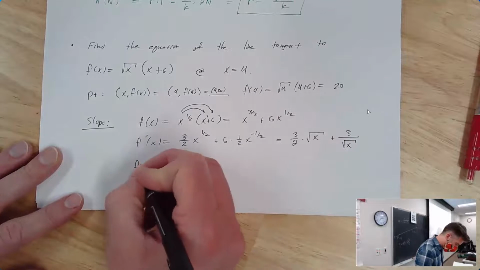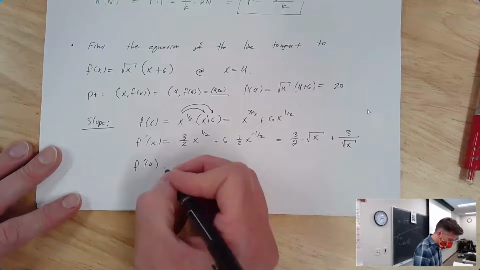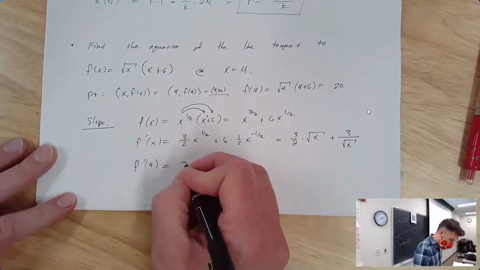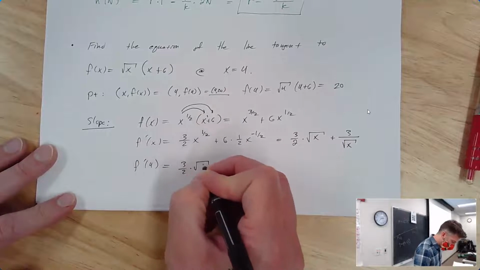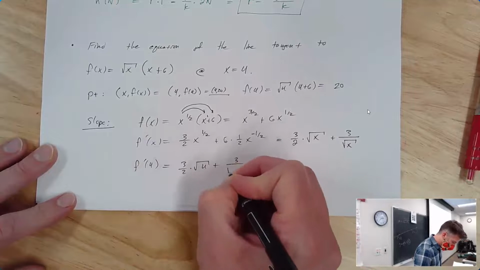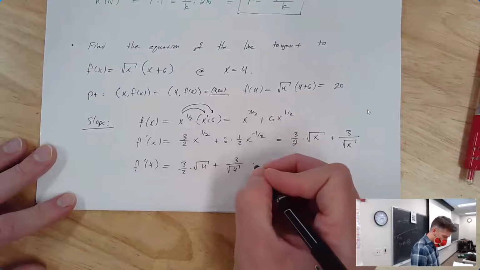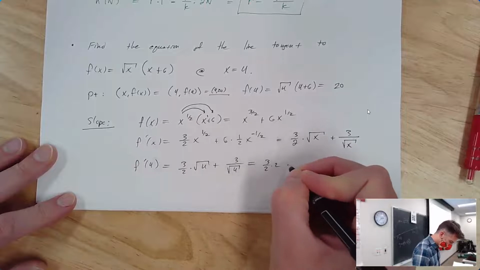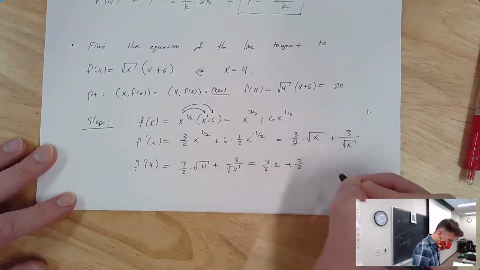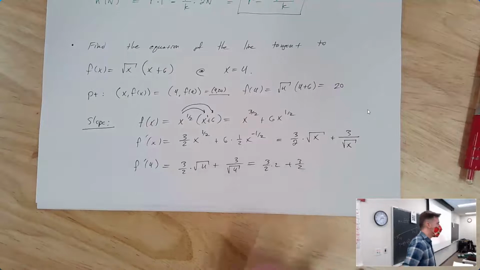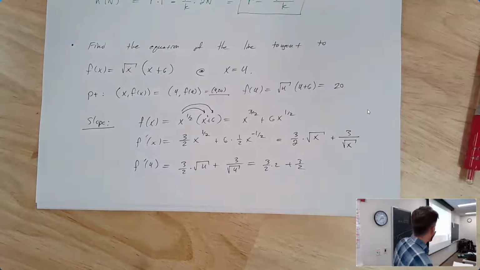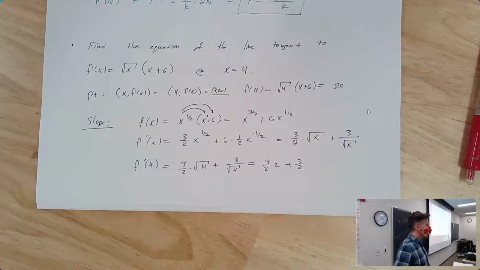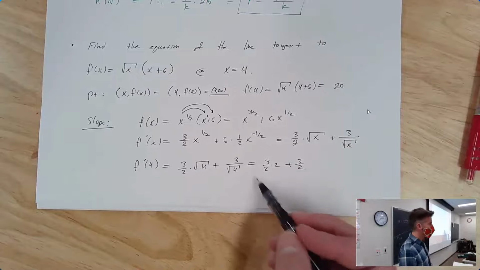So if I'm going to plug in 4 to find the slope at that point, I get 3/2 times the square root of 4 plus 3 divided by the square root of 4, which is 3/2 times 2 plus 3/2. Here's something worth noticing. I could simplify 3/2 times 2 as 3, but it's not to my benefit because I'm going to be adding it to 3/2, and I already have a common denominator.